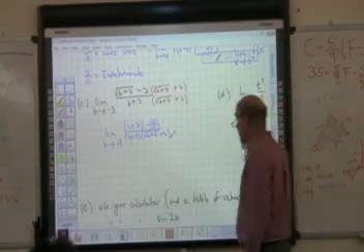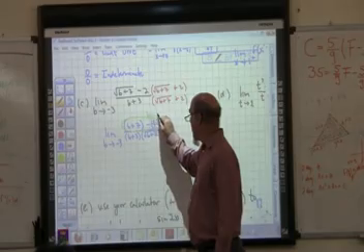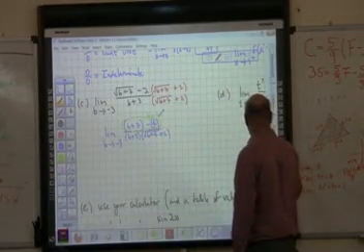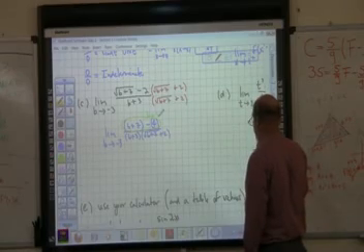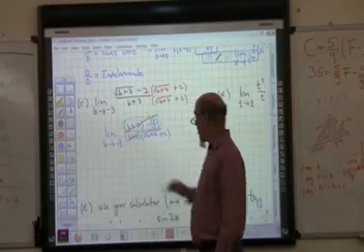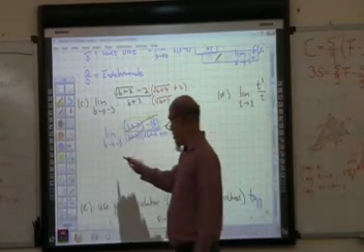This whole thing right here is b plus 3. And I have a b plus 3 in the denominator, so this can cancel and reduce. I'm left with 1 over the square root of b plus 7 plus 2.